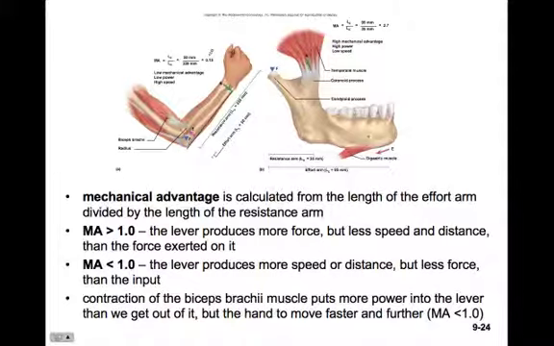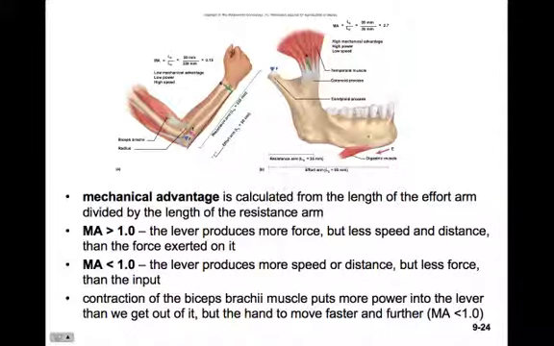In this other example, where we look at the jaw, we have a fulcrum here at the temporomandibular joint. The digastric muscle here provides the effort for opening the jaw, along with some other muscles. So the effort arm is relatively long.